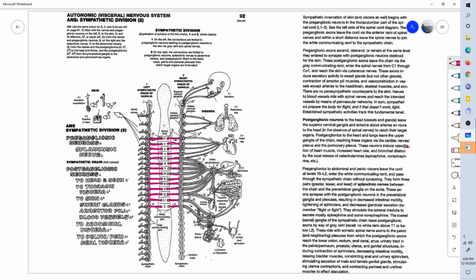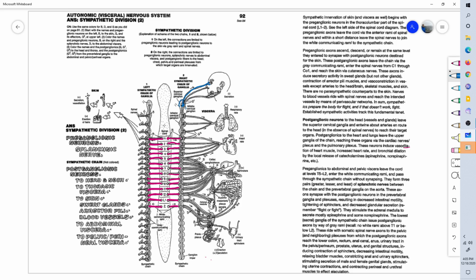So they arise from the ganglia to the body parts. And here, for example, is an example of a postganglionic neuron arising from the superior cervical ganglia. That would be this one here.